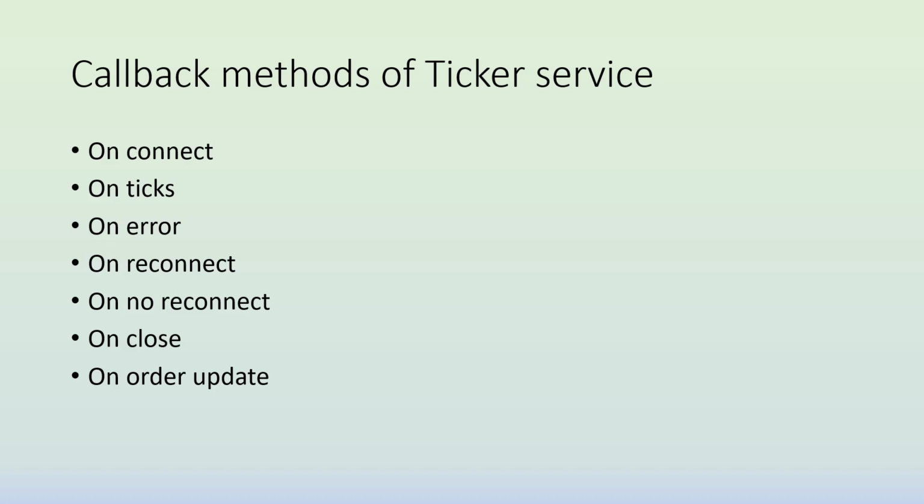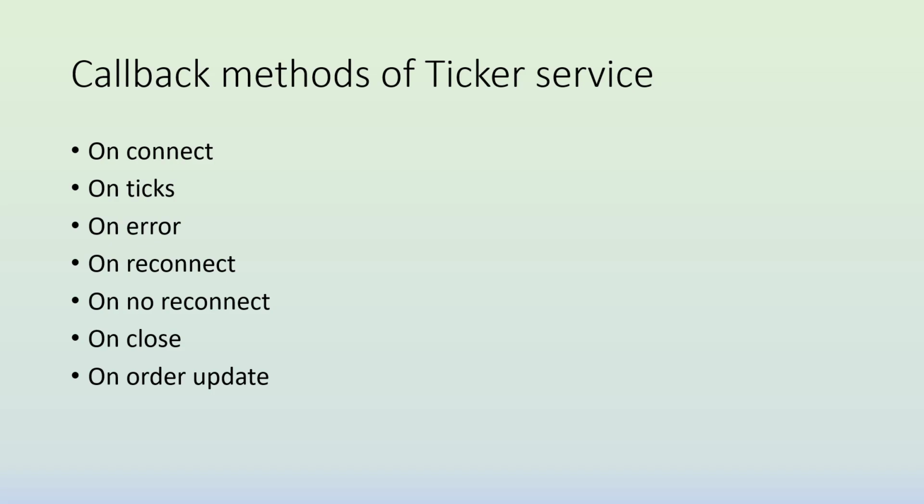If there is any error in between, your on error callback method is called. If there is some connection issue and the SDK is trying a reconnection, trying to establish a connection again, the on reconnect callback method will be called. And there is one more, on no reconnect. Let's say the broker's Python SDK tries a maximum of 50 reconnections.